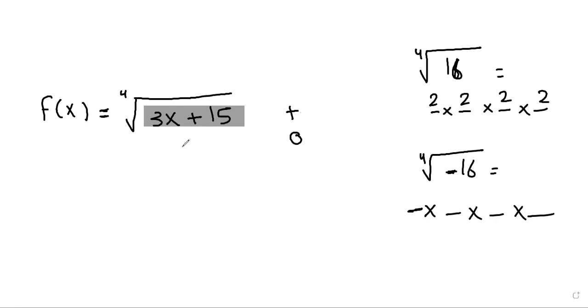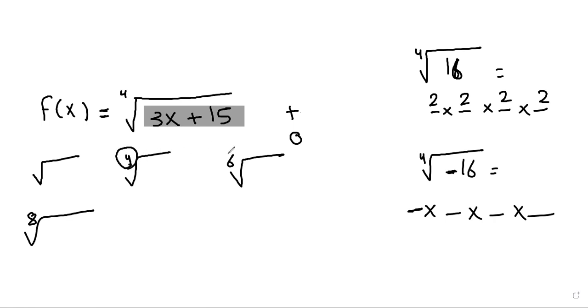The square root, the fourth root, the sixth root, the eighth root, all roots with even index like 2, 4, 6, 8, we can find for positive values and 0 only, not for negative.